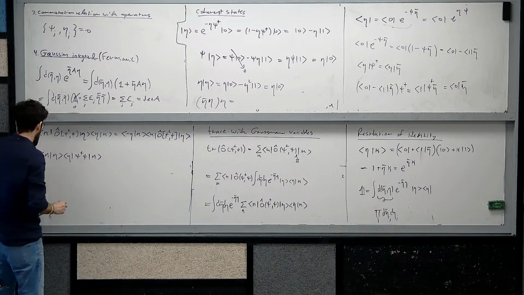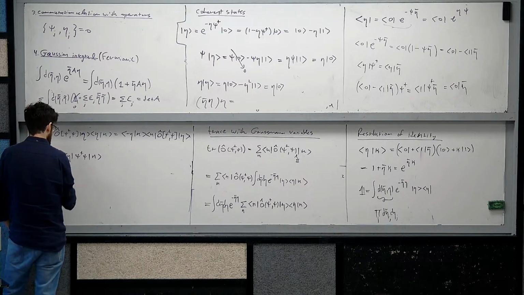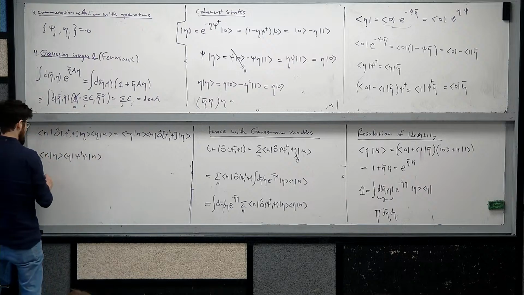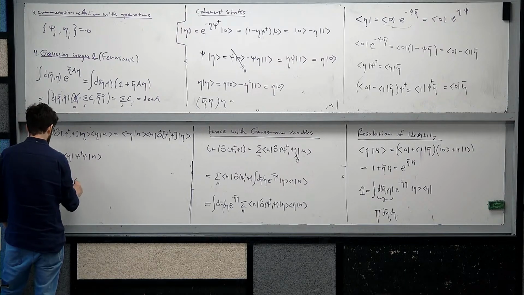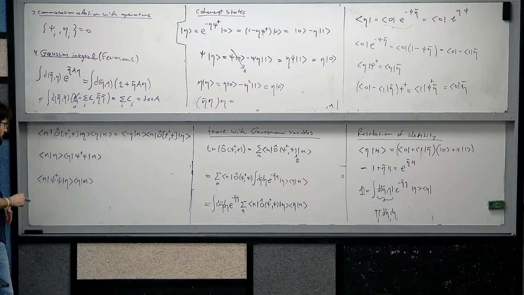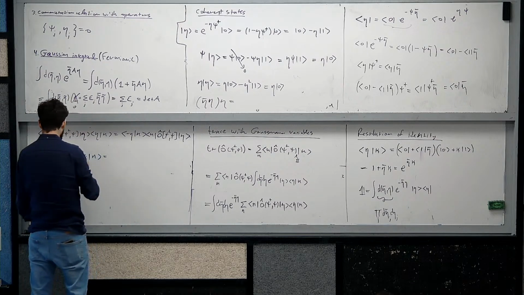On the other hand, I want to exchange them: n psi dagger psi eta n. And n can either be 1 or 0. So let's compute this.